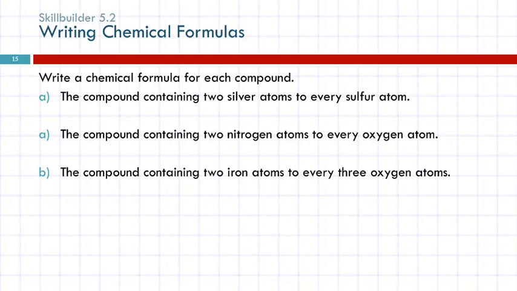A compound that contains 2 silver atoms to every sulfur atom. Anybody know what the symbol for silver is? Ag. So silver, Ag, and 2 silver atoms, I'm going to put a subscript 2 after that. And then sulfur is S, and there's 1 sulfur atom, so I don't write anything.